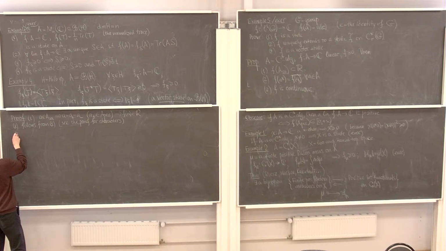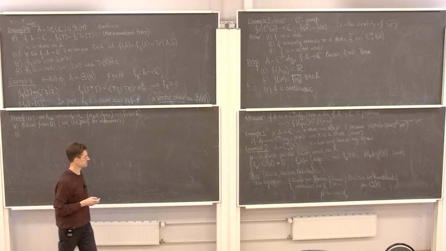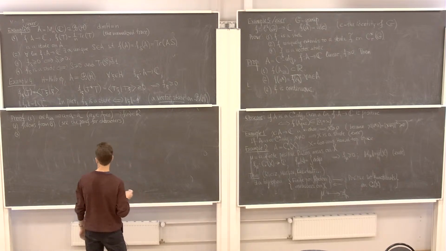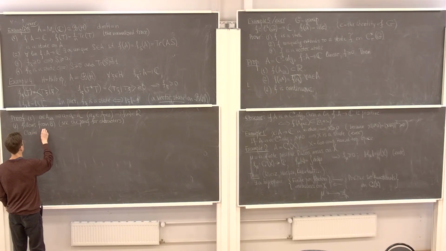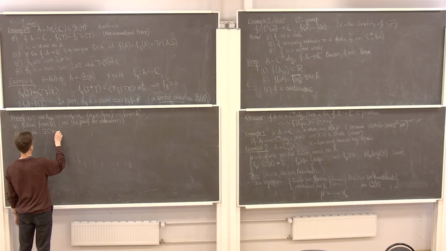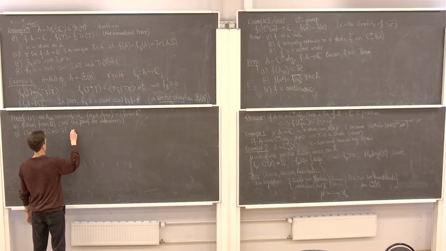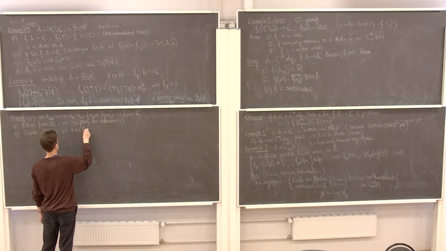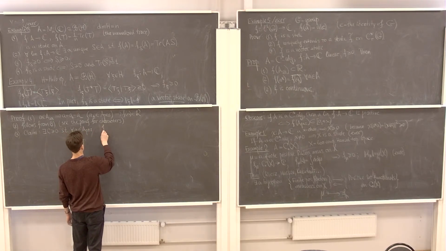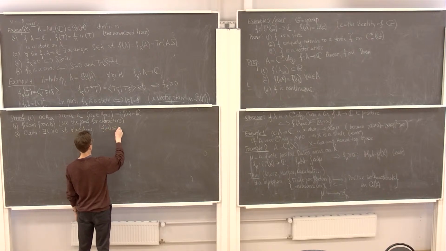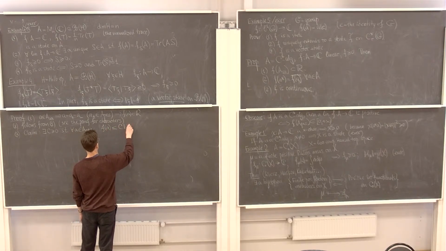And finally, let's show that f is continuous. First of all, I claim that f is bounded on positive elements. There exists a constant c such that for every positive element a, we have the following inequality: f of a is less than or equal to c times the norm of a.